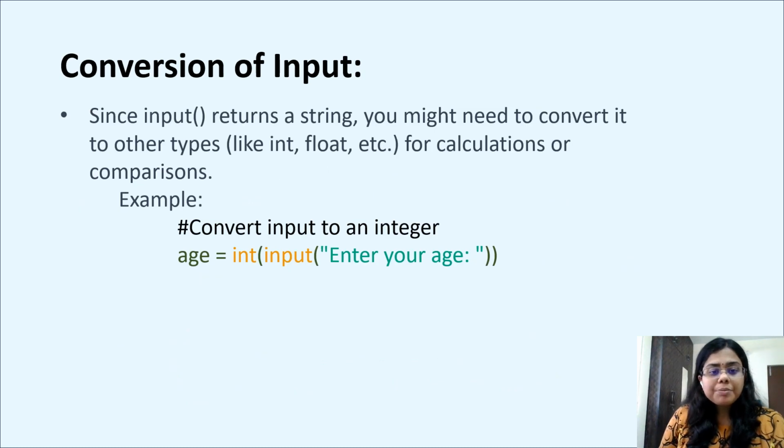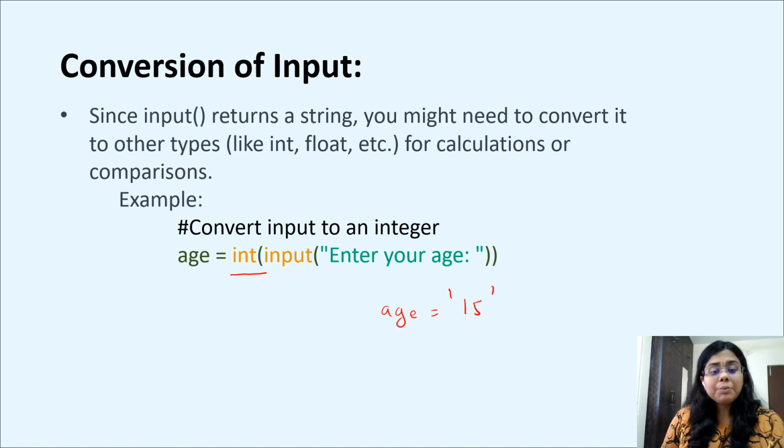Conversion of an input. The input always takes in a string formatted input. So in the previous statement that we saw, where we tried to input an age variable, it took it in the format of a string. The 15 is taken in as a string. To convert it to the integer data type that it is, we use type conversion.